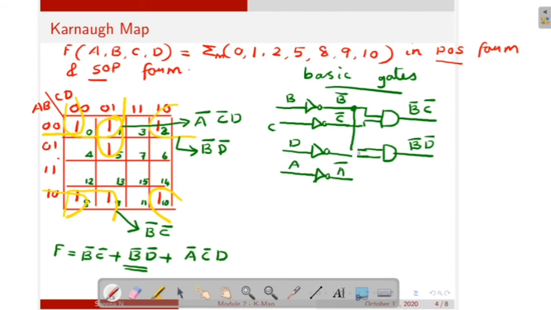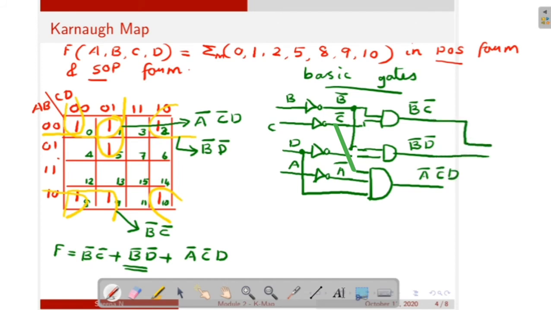Then we have C here, this C is taken, then D, then this D is taken, then given to an AND gate. So here we have A bar C bar D. Next we OR these terms.